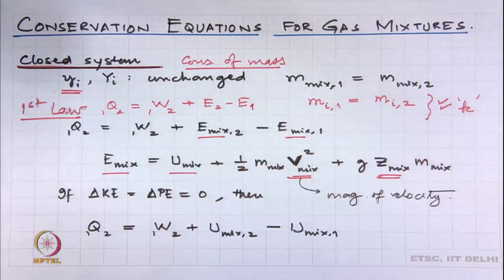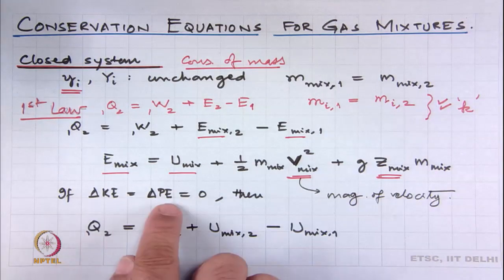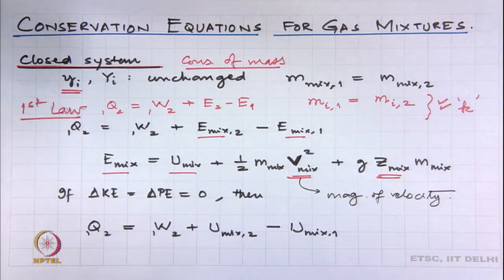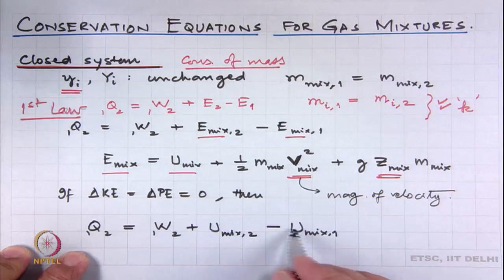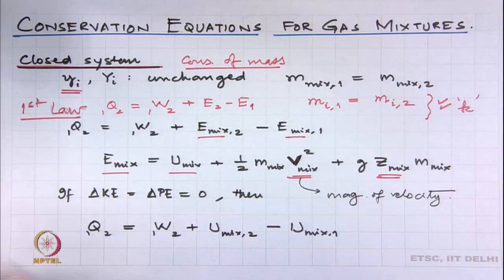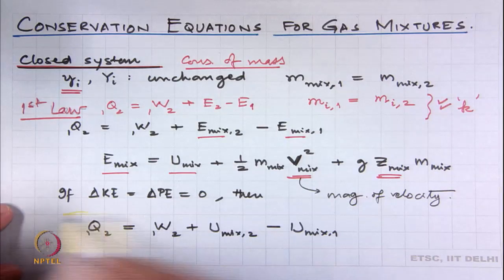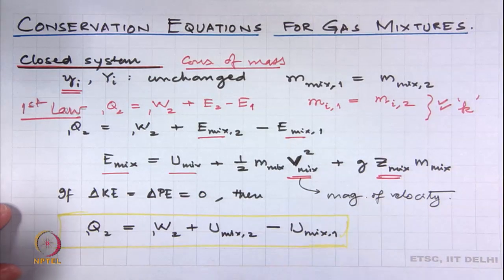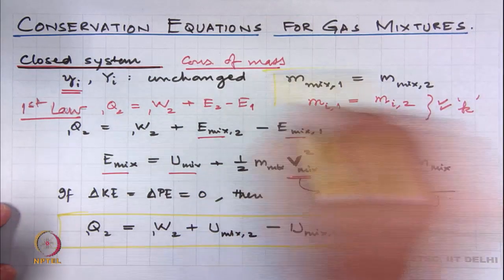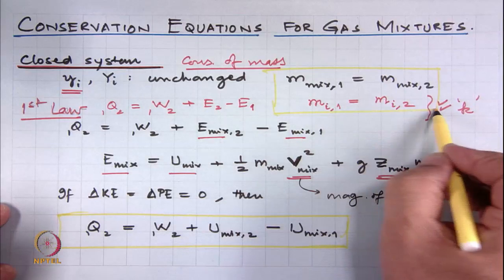Now, in a closed system, if there is no change in kinetic energy or potential energy, then the equation becomes simplified: Q12 is W12 plus U mix 2 minus U mix 1. So, that becomes the operative form of the first law for a closed system where the working substance is a mixture, and this was the conservation of mass there.